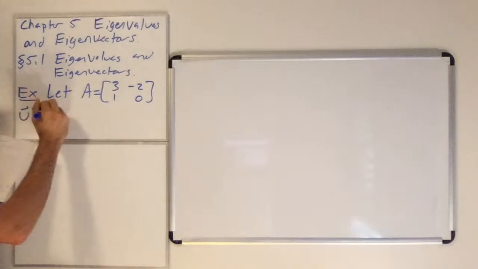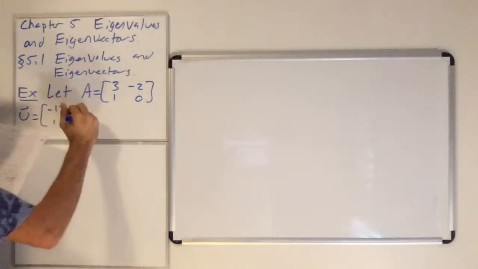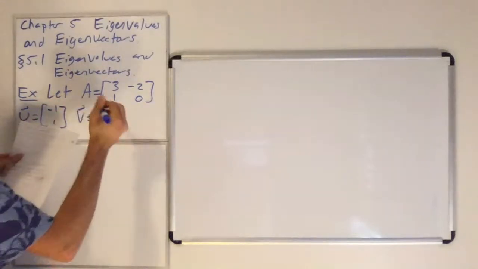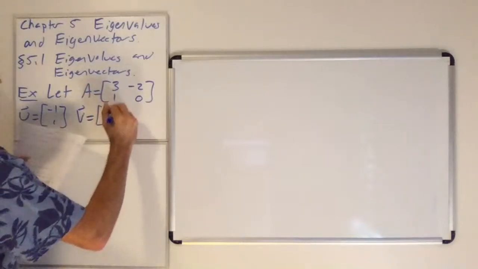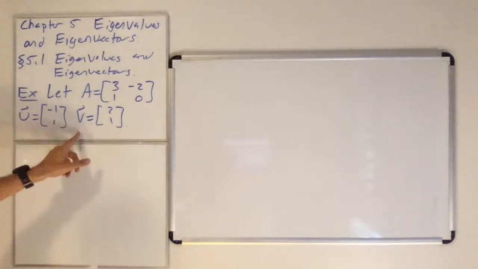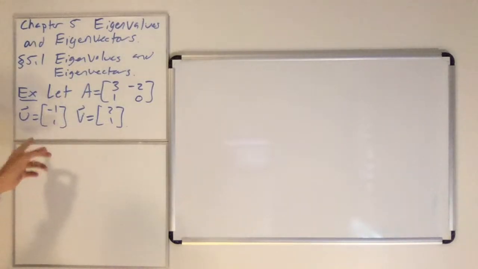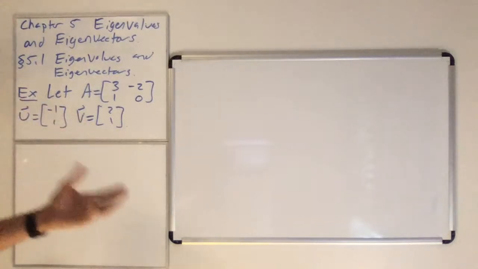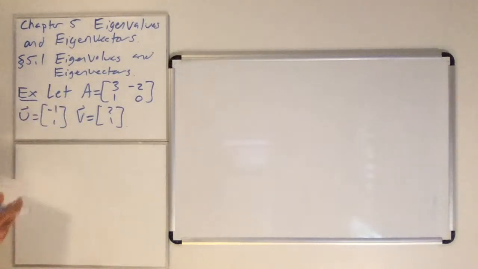Let u be the vector minus 1, 1, and v be the vector 2, 1. What I want you to do is sketch u, sketch v, and then sketch A times u and A times v. So you're going to sketch 4 vectors here.